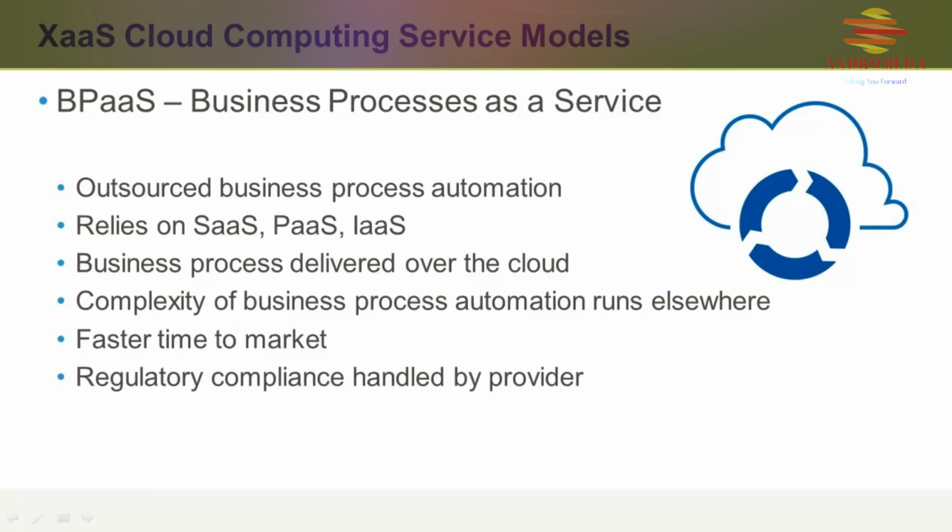But the business processes are delivered over the cloud, and the complexity of those processes and their automation runs elsewhere. So this allows for a faster time to market, and any kind of regulatory compliance is still handled by the provider. So if you do have a fairly complex environment that requires a lot of automation, then this can also be provided by a cloud service model.